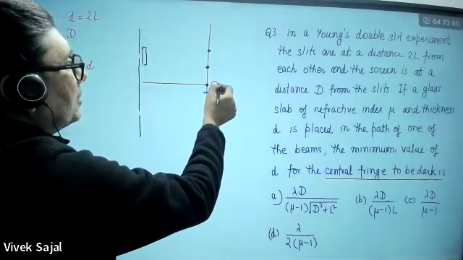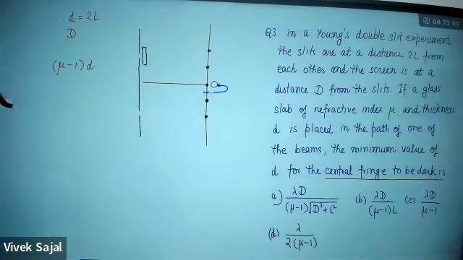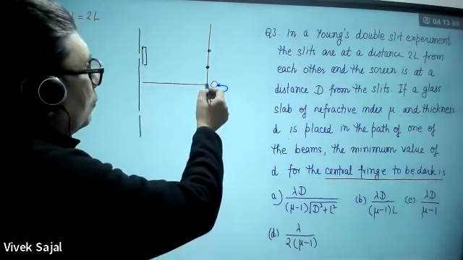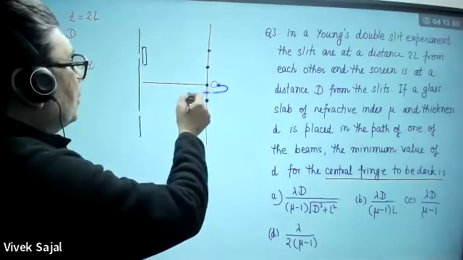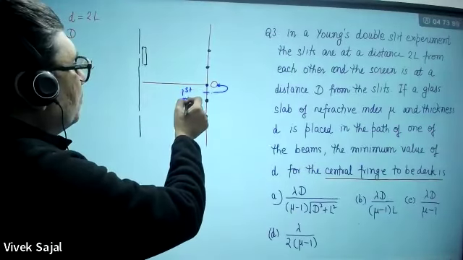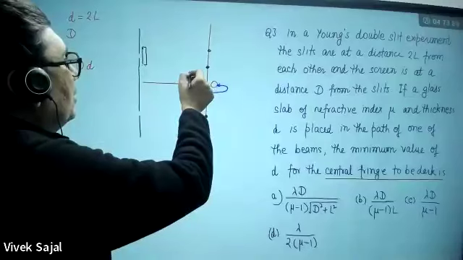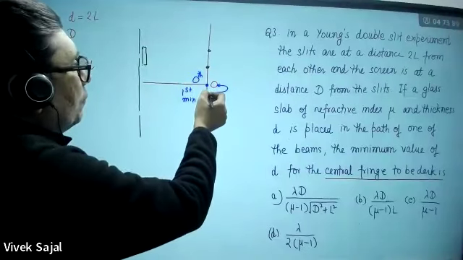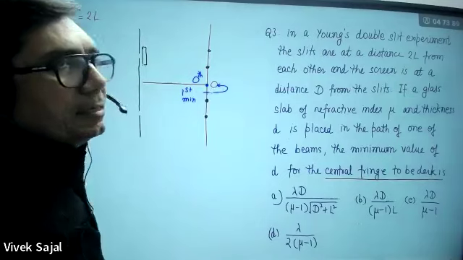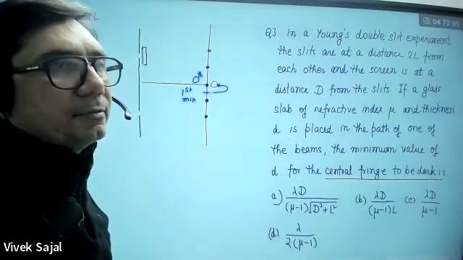If this first minima is shifted here, then automatically, this is the first minima, and this was the 0th maxima, the central maxima. So if the first minima replaces the central maxima, then you are going to have a dark fringe at the center.